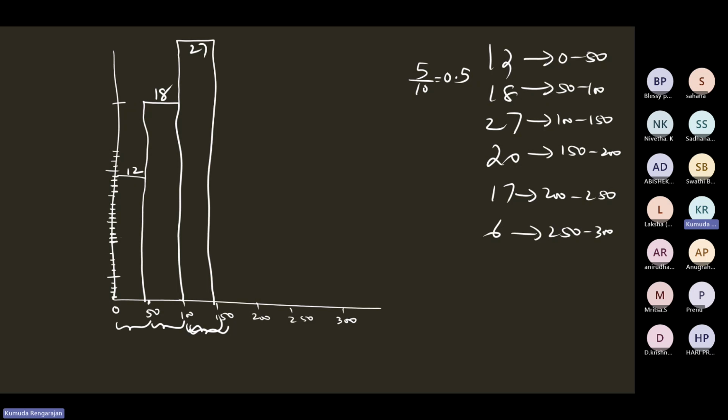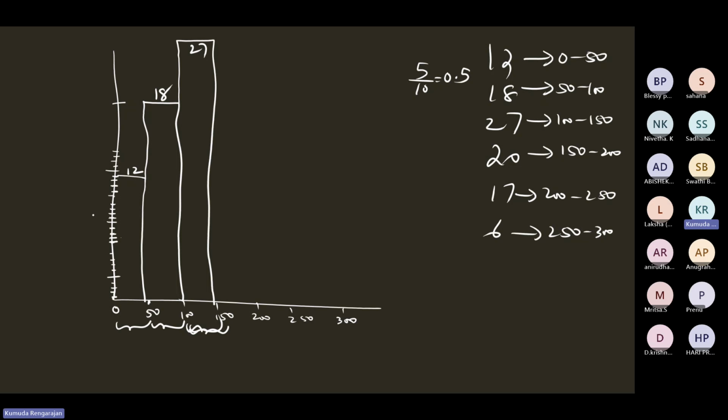So here the maximum value is 27. So 5, 10, 15, 20, 25, 30 should be good. Or if you feel there are a lot of multiples of 3, you can take 3, 6, 9. 5, 10 is ideal, children. You can go with 5, 10, 15, 20, 25, 30.